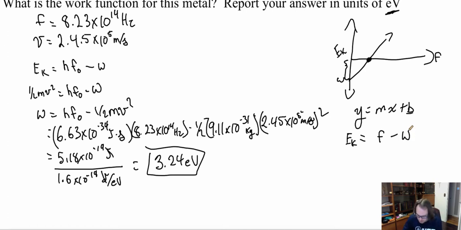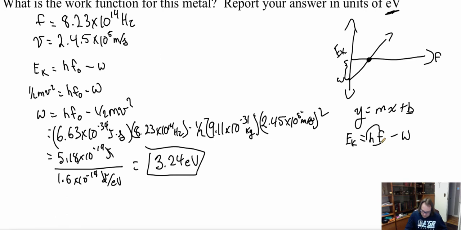And here, we now have to look at what my slope is. My slope is Planck's constant. So essentially, all we're saying is the energy of the photon, minus the energy of the metal required to release an electron, is equal to the kinetic energy of the electron.